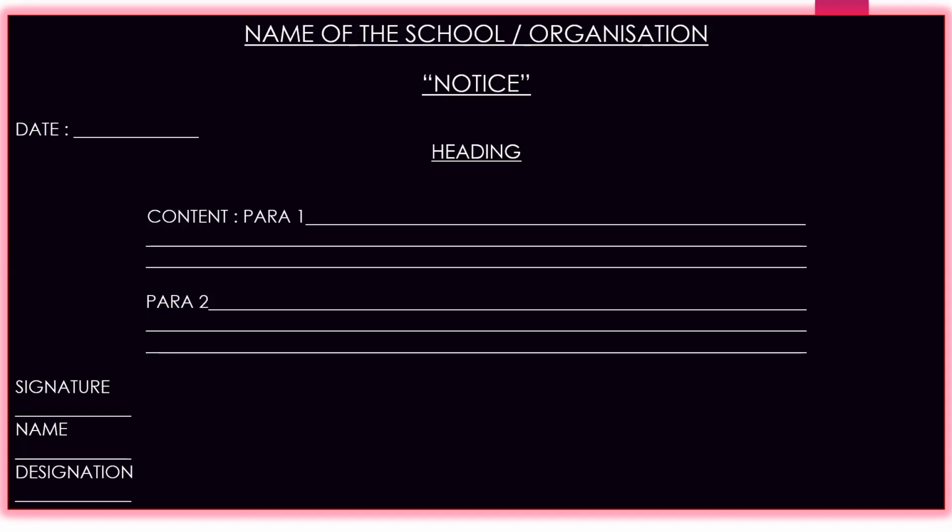Give a heading to your notice based on your content. Then you write your content in two paragraphs as I have explained to you earlier. After you finish your content, once again on the left hand side, in line with your date, you need to put your signature, your name, and your designation.